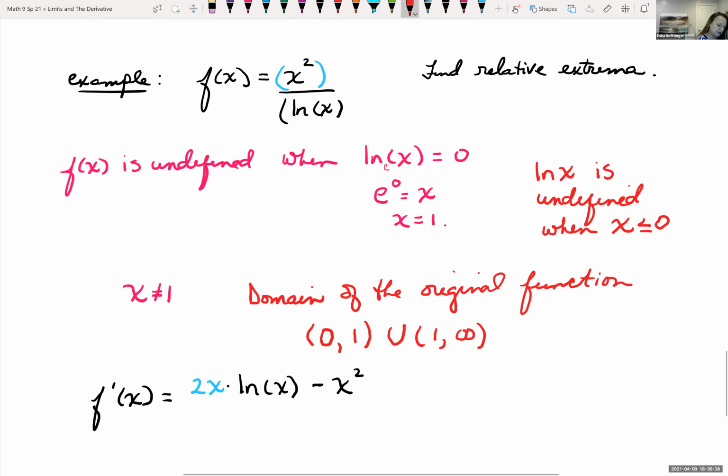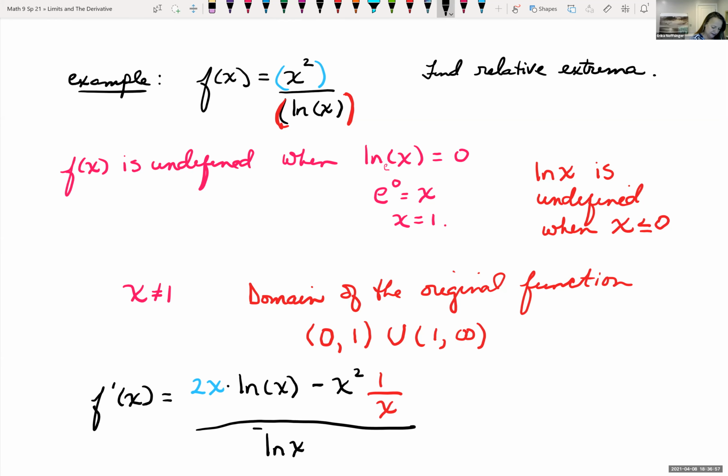So recall derivative of natural log of x. That was 1 over what you were taking the natural log of, which was x, times the derivative of x, which is 1. All over the natural log of x, and this is quantity squared.